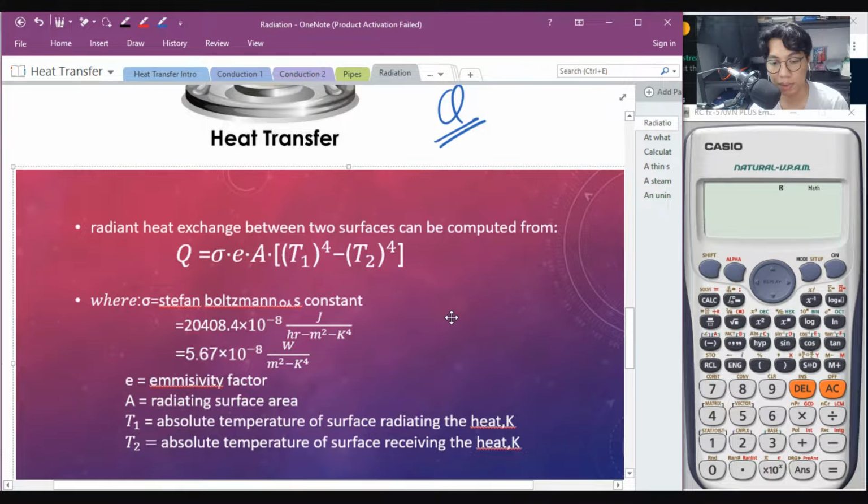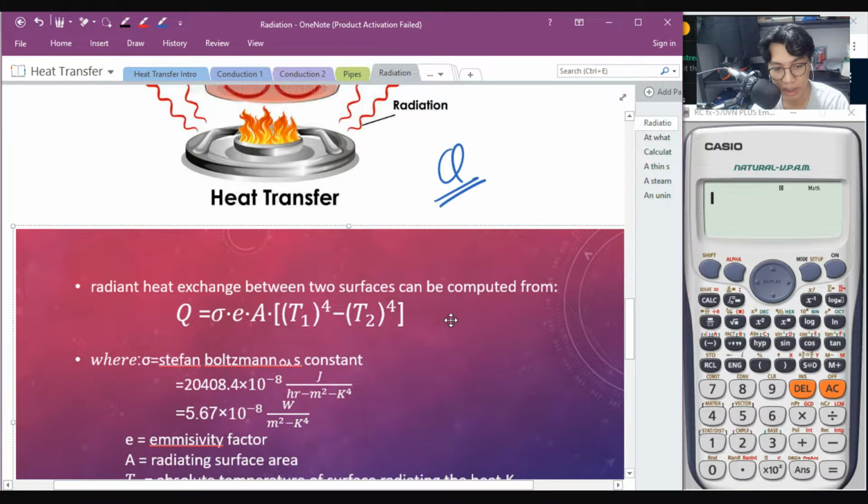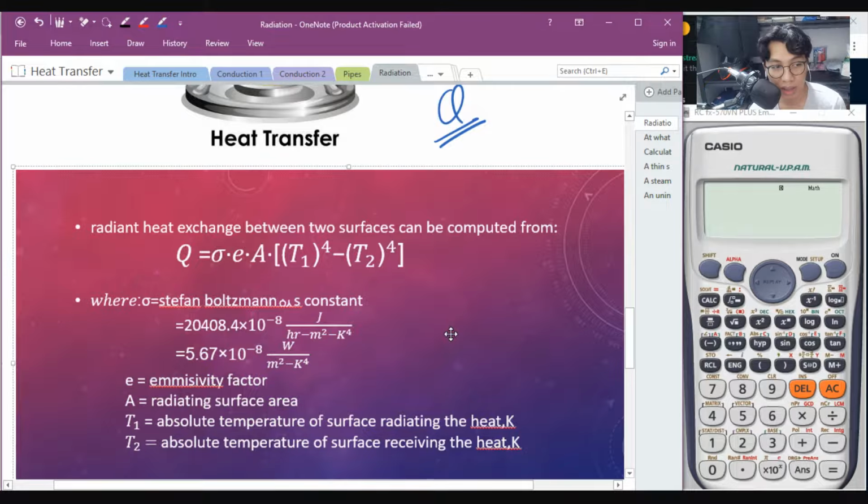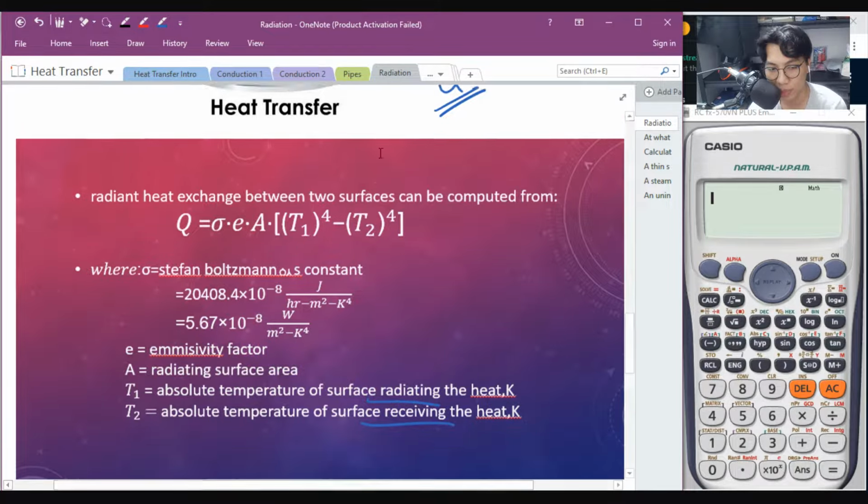T1 is the absolute temperature of the surface radiating the heat raised to the fourth power minus T2, or the absolute temperature of the surface receiving. Ibig sabihin, hot source to the cold body. Surface radiating or the one that radiates heat and the one that receives the radiative heat. T2 raised to the fourth power.